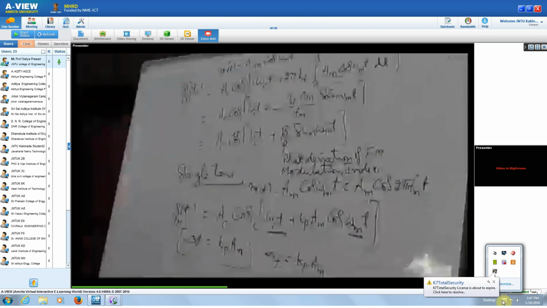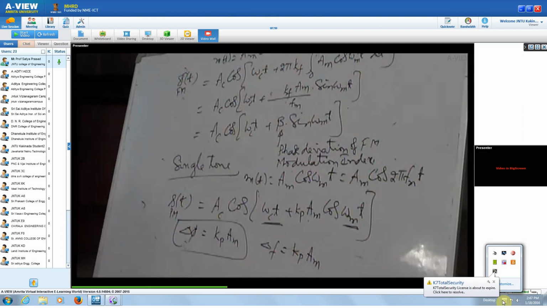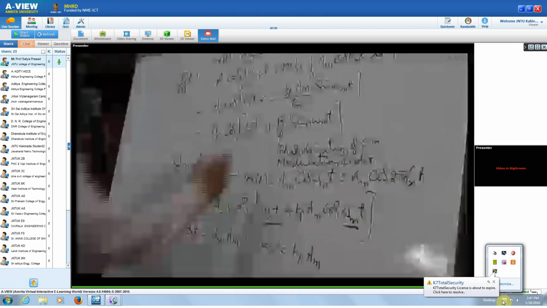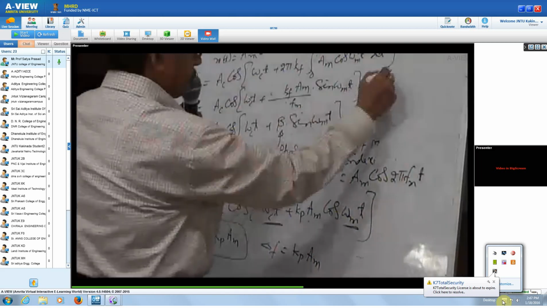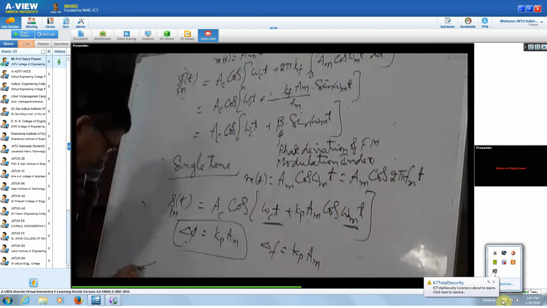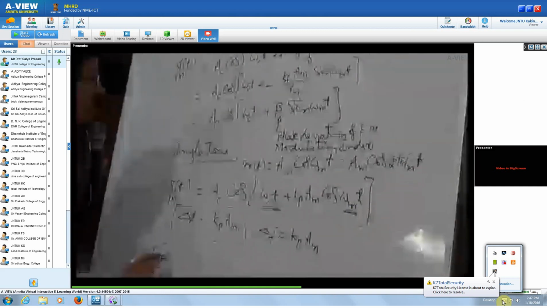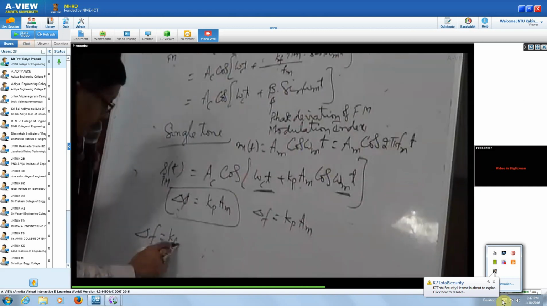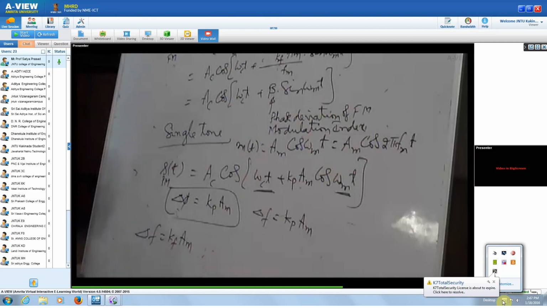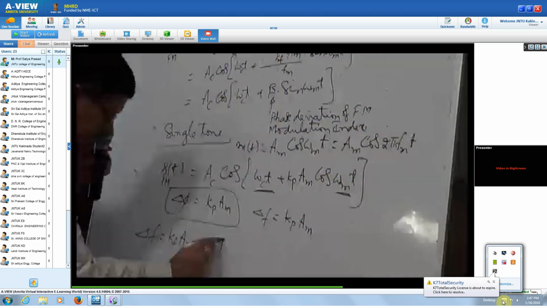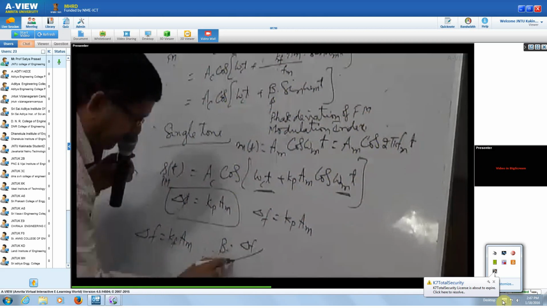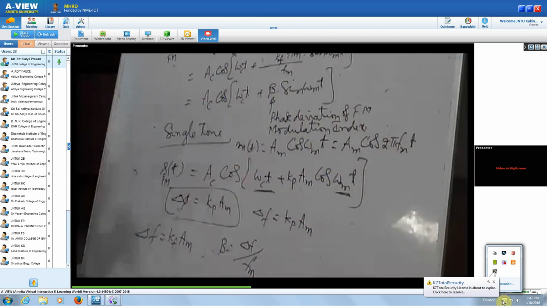Delta F, we have put as Kp into Am, or if these two are equal, then this delta F we are putting as Kf into Am, and beta we are putting as delta f by fm.